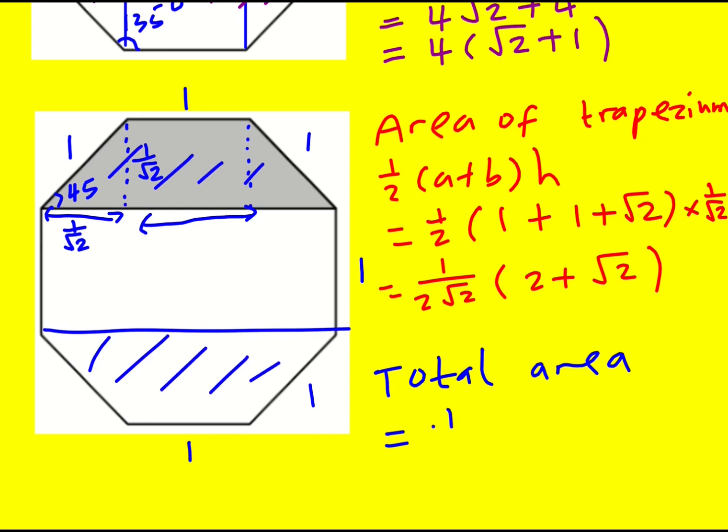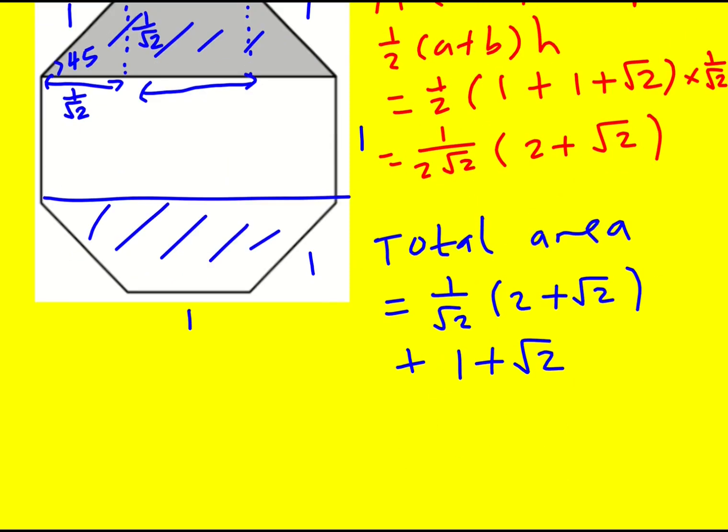And when I double it, that's going to be 1 over root 2, 2 plus root 2. And then I can see that I've got a rectangle with height 1. And remember, I've already worked out this base. What was it again? I've already forgotten. It was 1 plus root 2. So it's going to be 1 plus root 2 here.